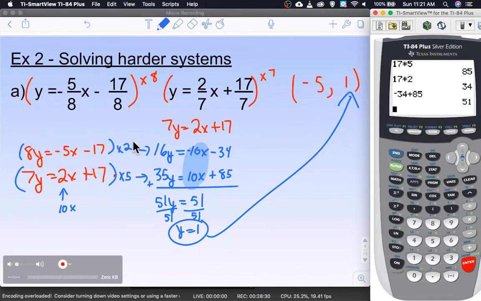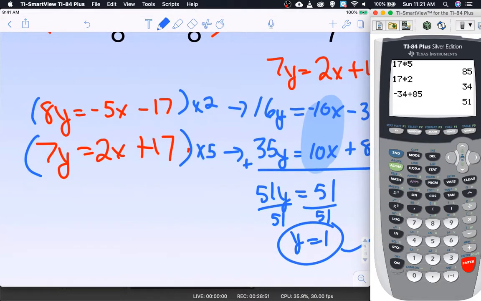I got rid of my fractions, and then I eliminated. I'm not going to show you how to get the negative 5, but I would plug this one not into the originals, but into any of the equations that have x's and y's, probably right here or here. I said I wasn't going to show it, but I guess I will. Be a good teacher.